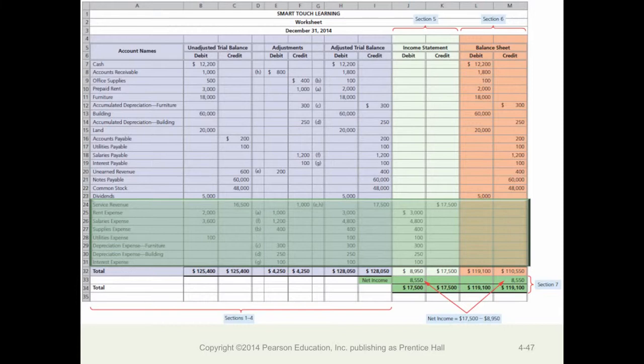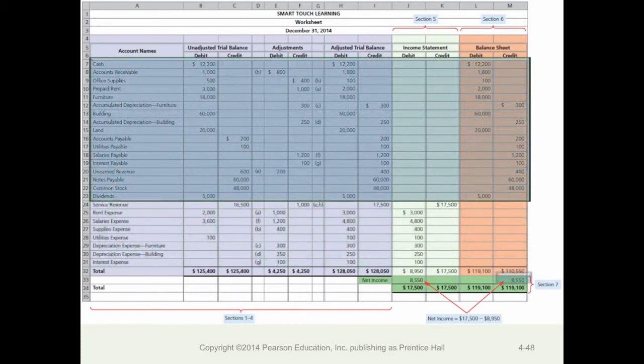All right, so the income statement you could see shaded here would be prepared first, and then we're going to prepare the balance sheet. So the worksheet is used to facilitate both income statement preparation and balance sheet preparation.